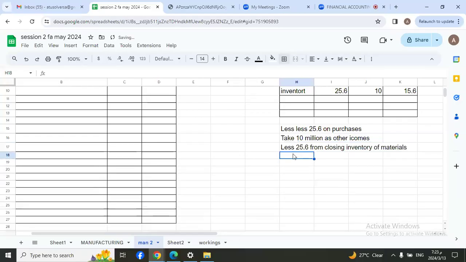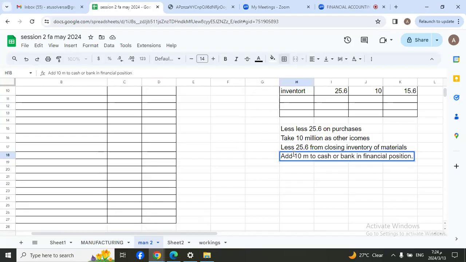Lastly, add 10 million to cash or bank in financial position.